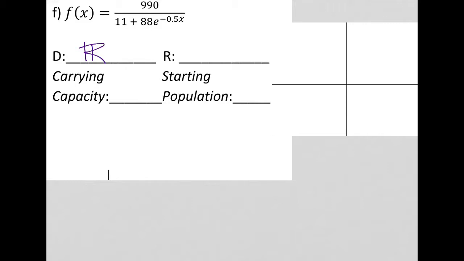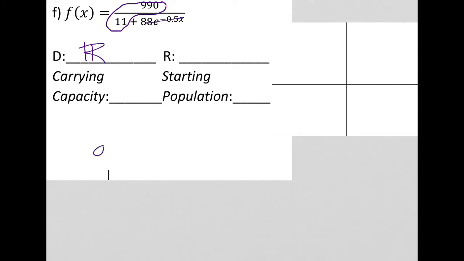Range, I need to figure out first by determining what the carrying capacity is, i.e. the upper horizontal asymptote. And remember how that worked before. It ended up being this numerator divided by that first term of the denominator, because the limit as x goes to infinity of this term is 0, so it went away.